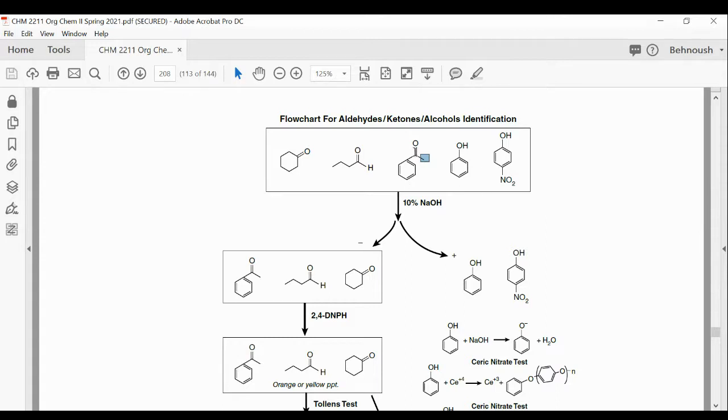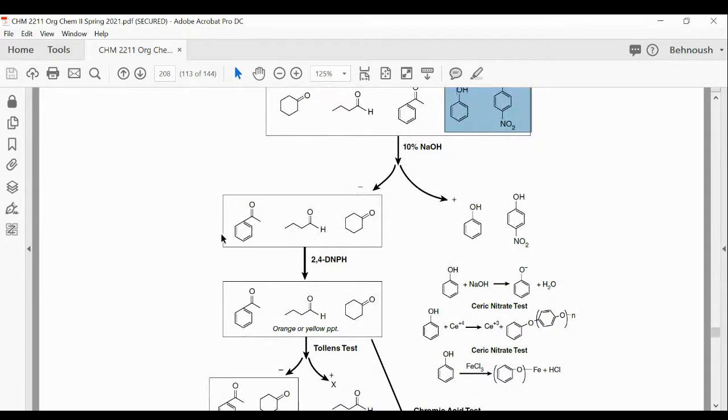If the compound does not dissolve in sodium hydroxide, then we know it is not a phenol, so it could be one of these three. When you have those three possibilities, if you do 2,4-dinitrophenylhydrazine, all three of them will precipitate. That's just confirming that these are either aldehyde or ketone.